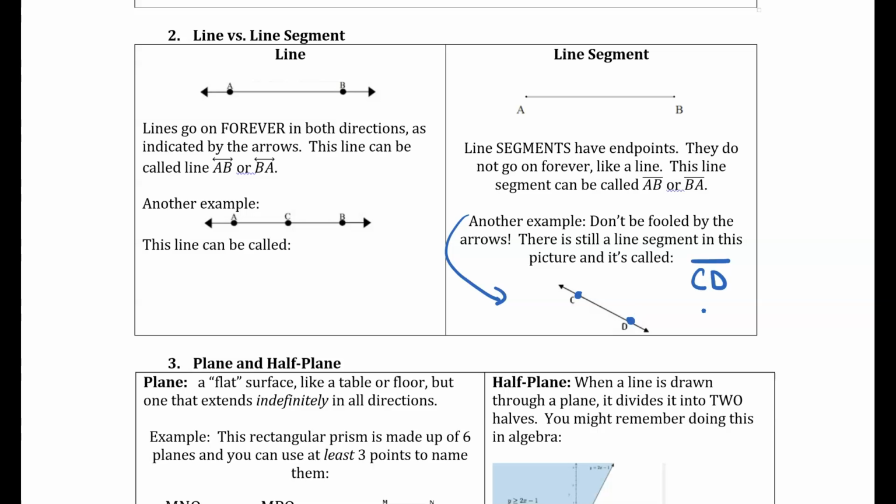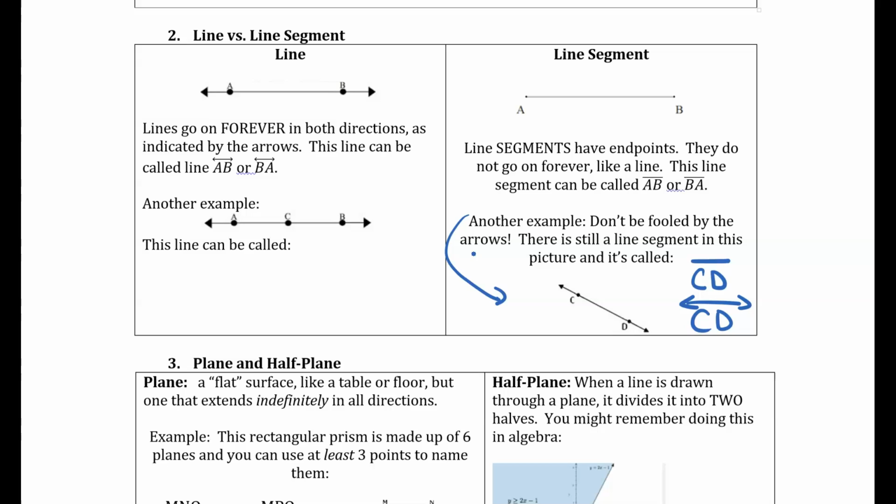I could also say, take a look at line CD, and then at that point, I'm referring to the entire line. So you have to be specific when you're referring to certain parts of pictures. In pictures like this, we could be referring to a line or a line segment because it's possible to look at either.